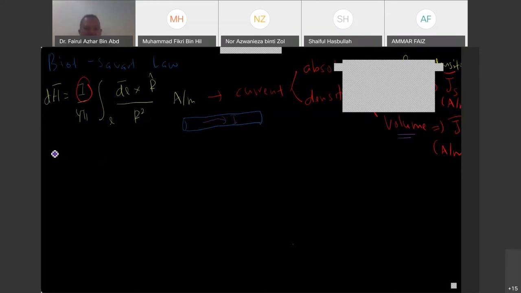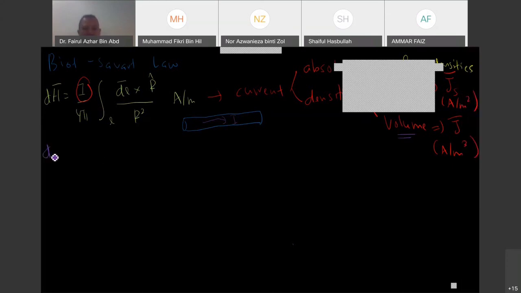Therefore, if the current is represented by the surface density, we will have H is equal to 1, please don't get confused, this is the current I, so this is 1, over 4 pi, surface integration of vector Js cross r cap, divided by r squared, the unit is ampere per meter.